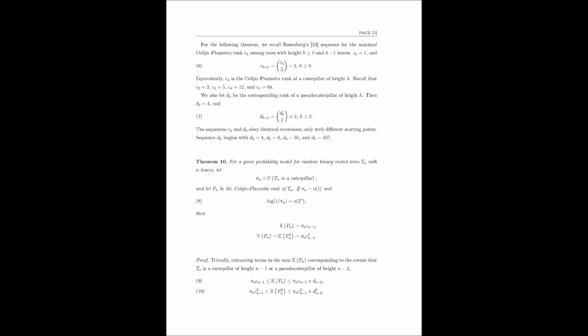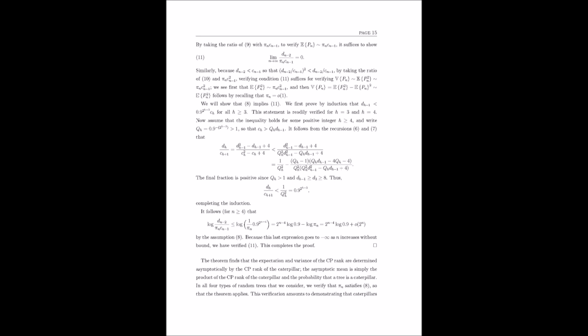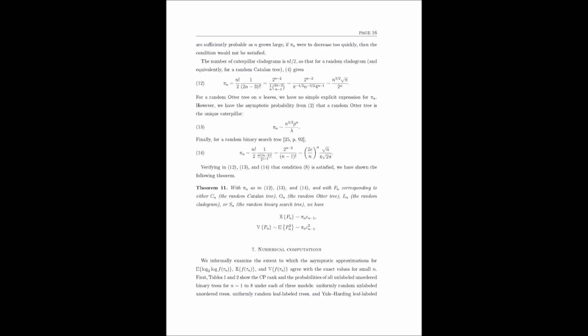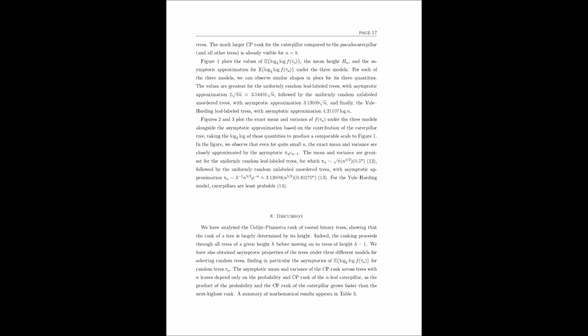That's where our stars of the show come in, the caterpillars and pseudo-caterpillars. Now, those sound like trees I can get behind. Do they have fuzzy leaves? Do they crawl around too? I'm afraid not, no. They're just names for very specific tree shapes. Imagine the most lopsided, imbalanced tree you can, almost like a single branch with a few leaves sparsely hanging off. That's our caterpillar.